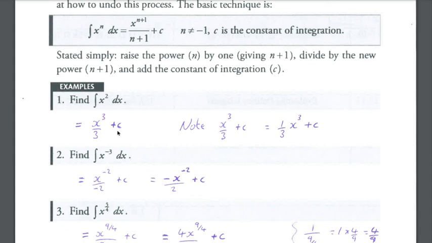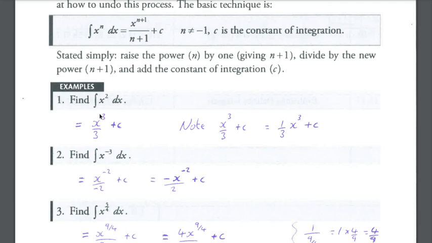Now, what is this plus c about? Well, if I differentiate x cubed over 3, I get x squared. So I've undone that. But also, if I differentiate x cubed over 3 plus 7, I get x squared. If I differentiate x cubed over 3 minus 19, I get x squared, because if we differentiate a number term, we get 0.